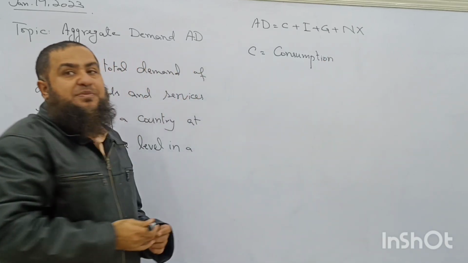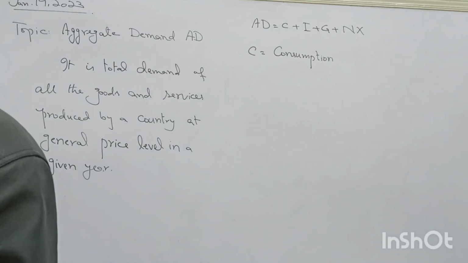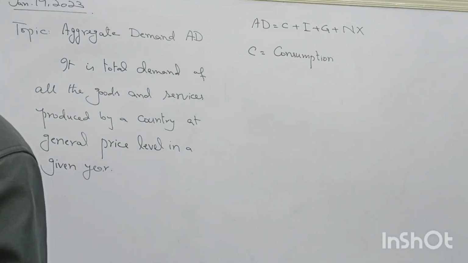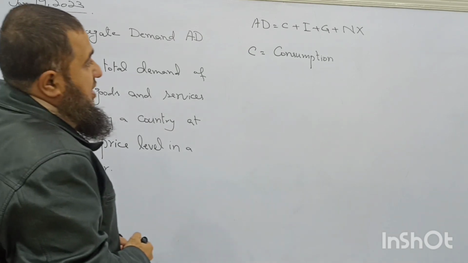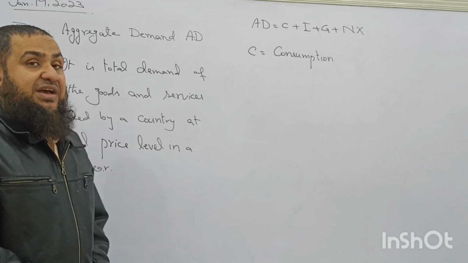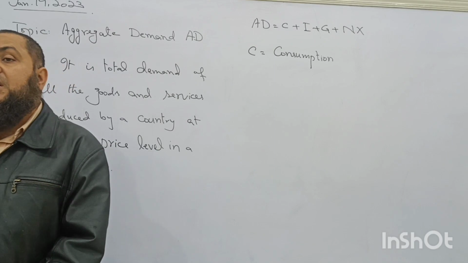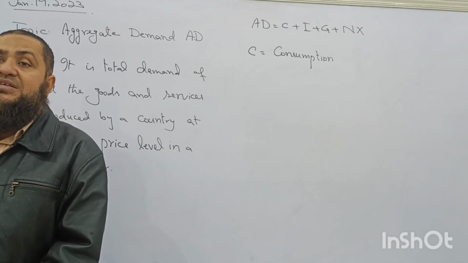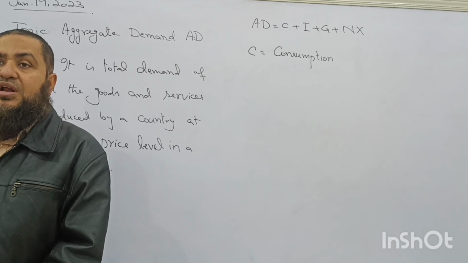So consumption expenditures by the households represent their consumption of goods and services. This is the main expenditure in our aggregate demand, because everyone is a consumer, whether he produces those goods or those goods are produced by someone else. We all are consumers.